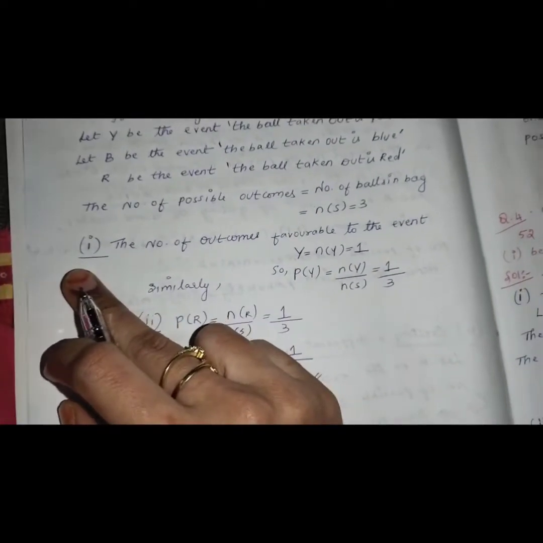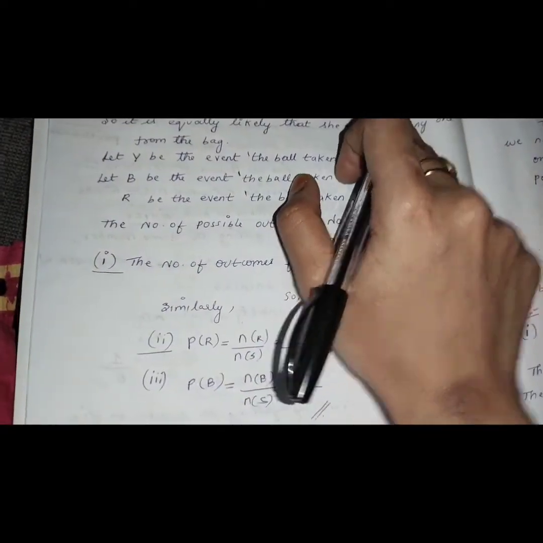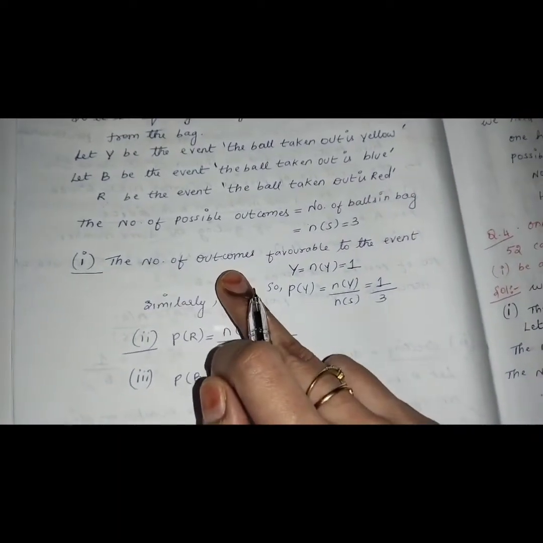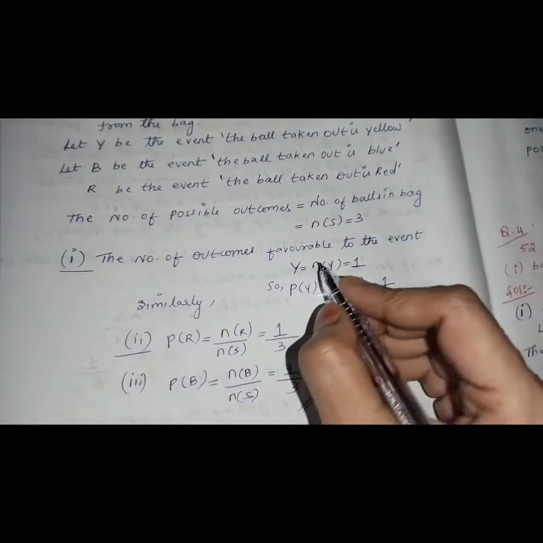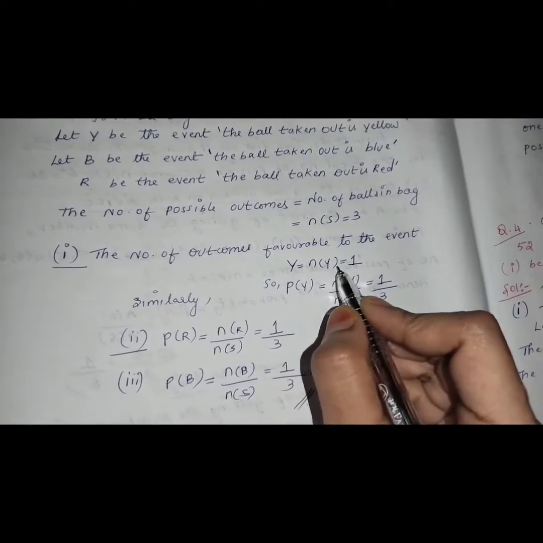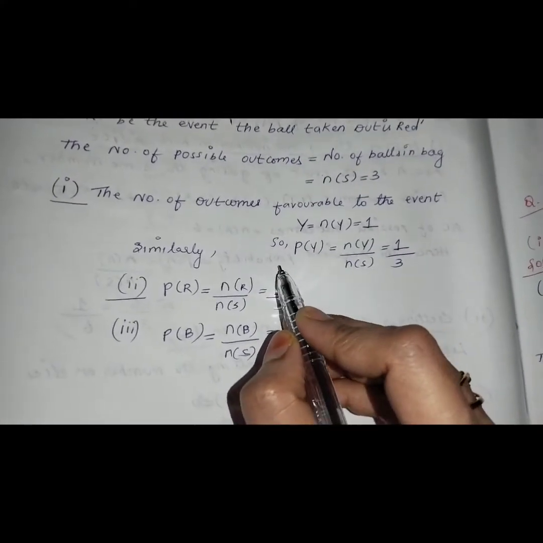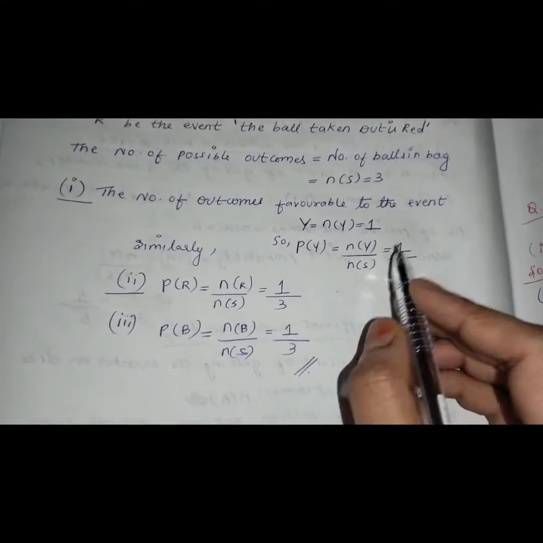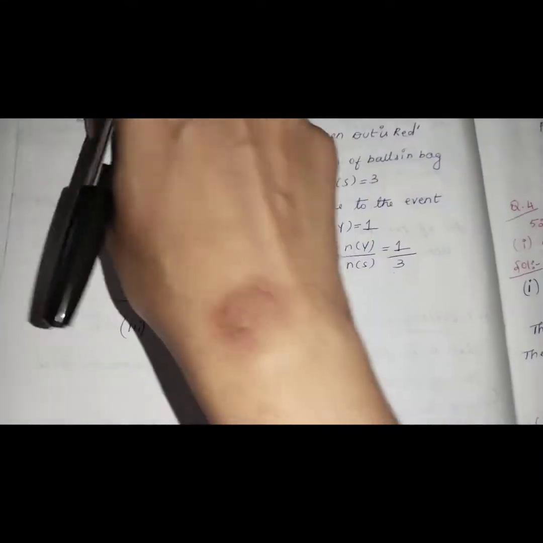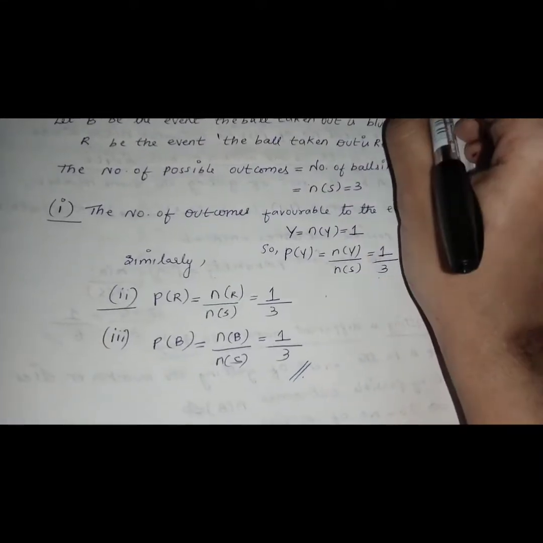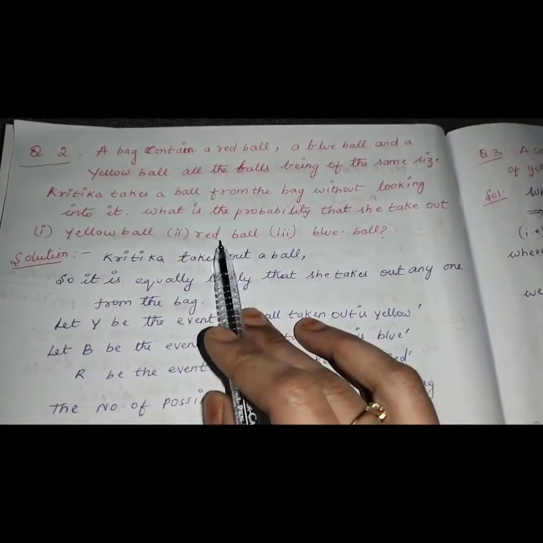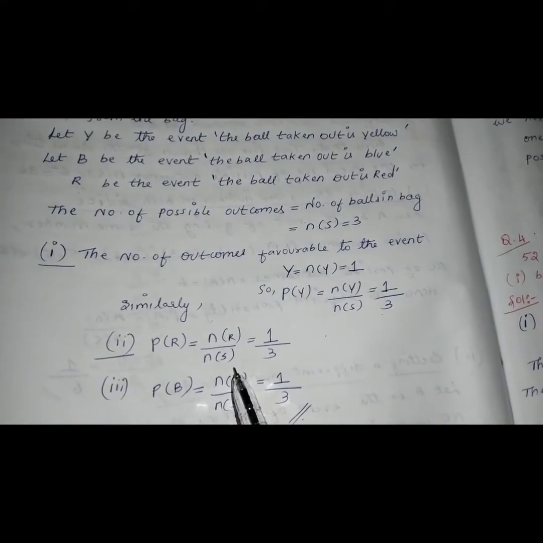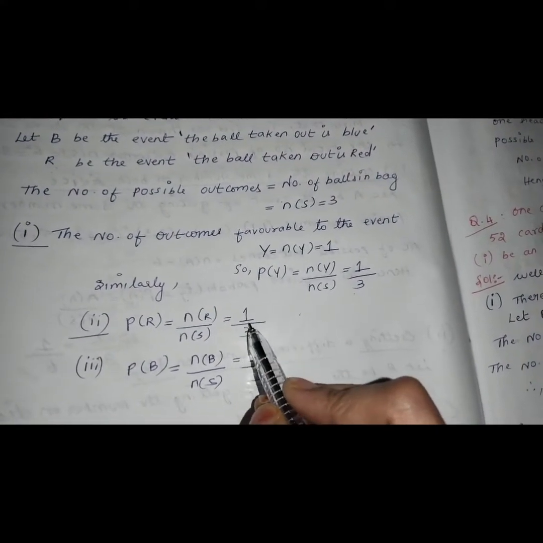The first subdivision asks the probability that she takes out the yellow ball. Kritika takes the yellow ball 1 time, so n of Y is 1. Substituting in our formula, P of Y equals n of Y by n of S, so 1 by 3.